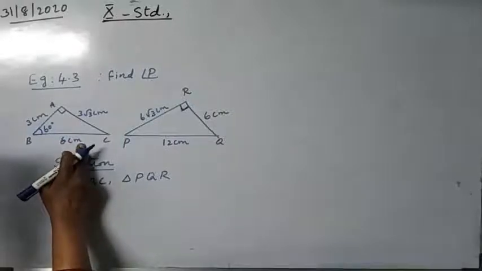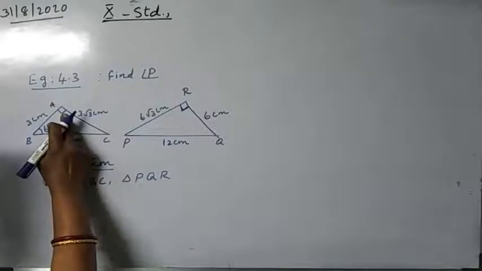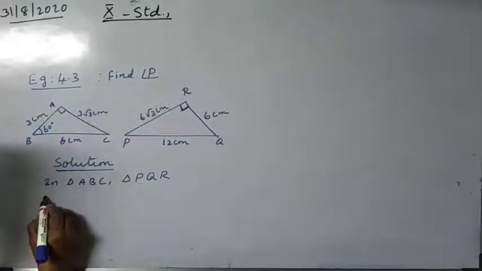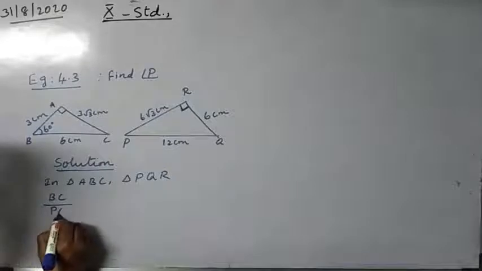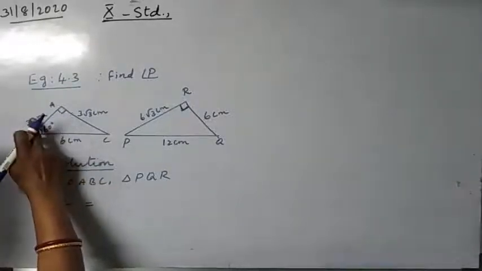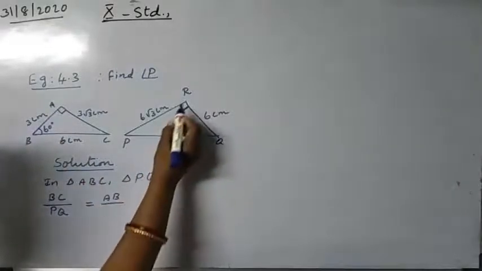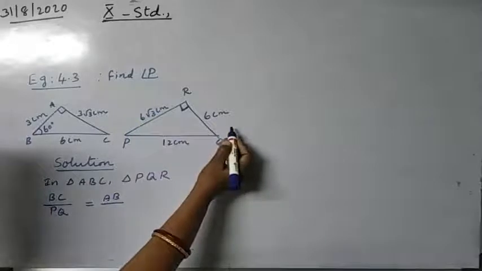So if you take BC, here you have to take PQ, and the opposite side must be correct. So it is BC by PQ is equal to, then for this 90 degree, if we take this side, it is AB.